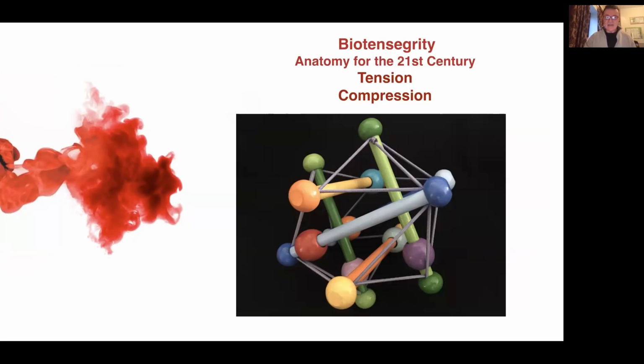Okay, so here is a tensegrity. This is a model that has two members. It has a compressional member and a tensional member. The tensional member is the elastic band, and if one looks at that green strut on the right-hand side, you will see there's a little knot in the elastic band.